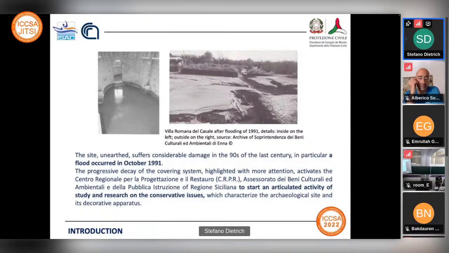The gradual deterioration of the roofing system, which was highlighted with greater attention, activated the Regional Center for Planning and Restoration, Department of Cultural and Environmental Heritage and Public Education of the Sicilian region. The idea was to initiate an articulated study and research activity on the conservation problems concerning the archaeological site and its decorative apparatus.